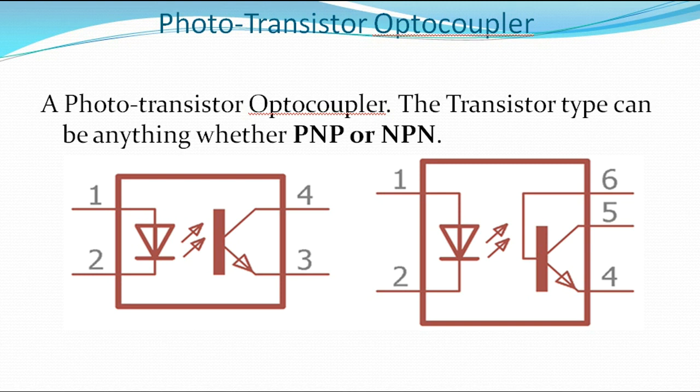Since there is no 3 here, number 1 is where we connect the voltage. Here is the cathode, which is connected to ground. Now in this area, number 5 is the collector, while number 4 is the emitter.